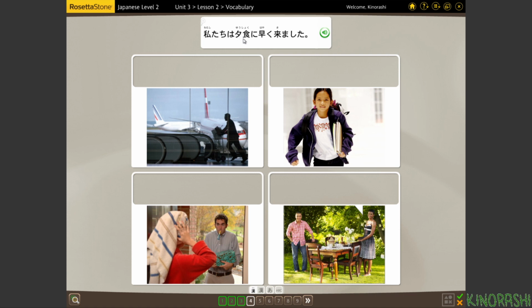And yushoku, I believe, is a more formal supper. Think of it like that. Yes. Yushoku. Yes. So for more regular meal, you'd say yu gohan, but if it's extremely formal, you'd say yushoku.